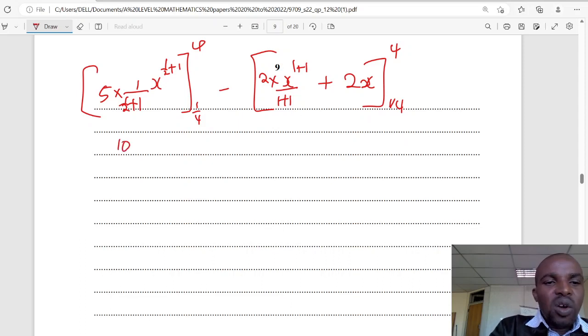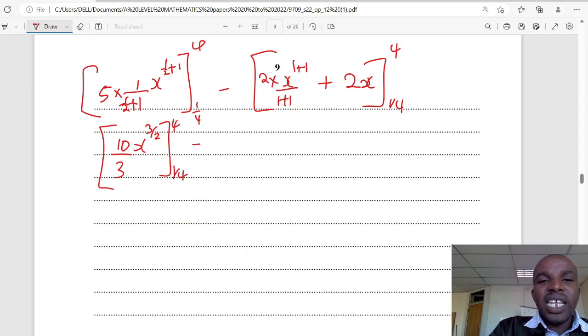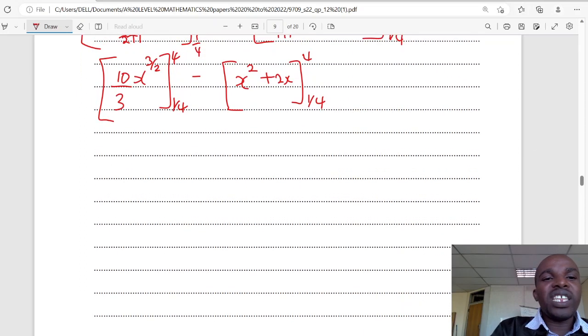So it will be 10 over 3 on this part, then x to the power 3 over 2, with limits 1/4 to 4. Minus, then this part, simplify. 2 over 1 plus 1 is 2, and 2 over 2 is 1. So x squared plus 2x, with limits 1/4 to 4. Let's simplify further.